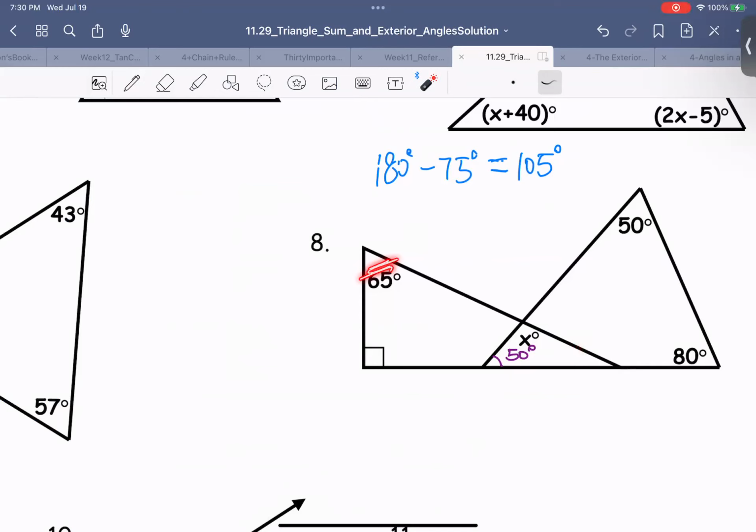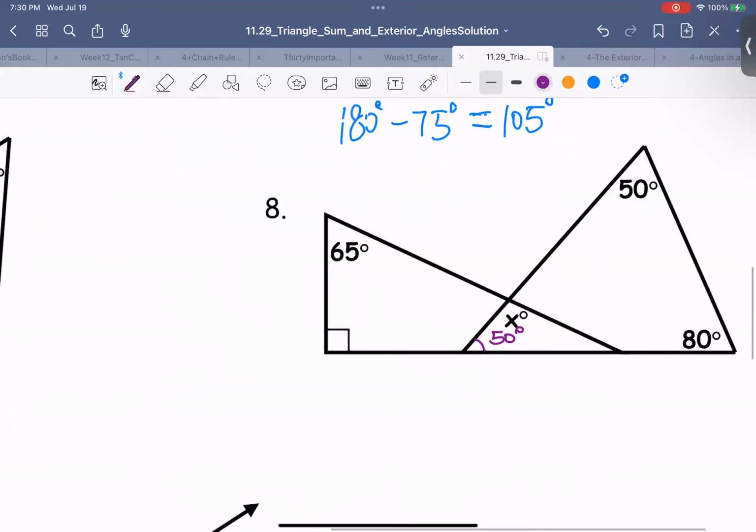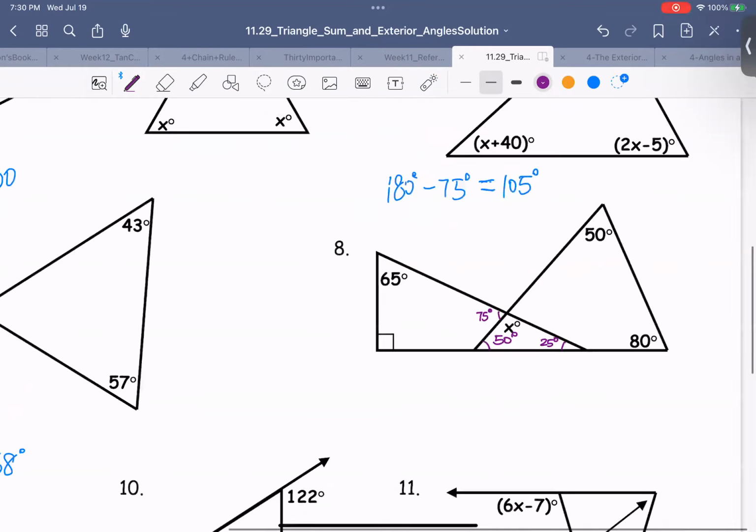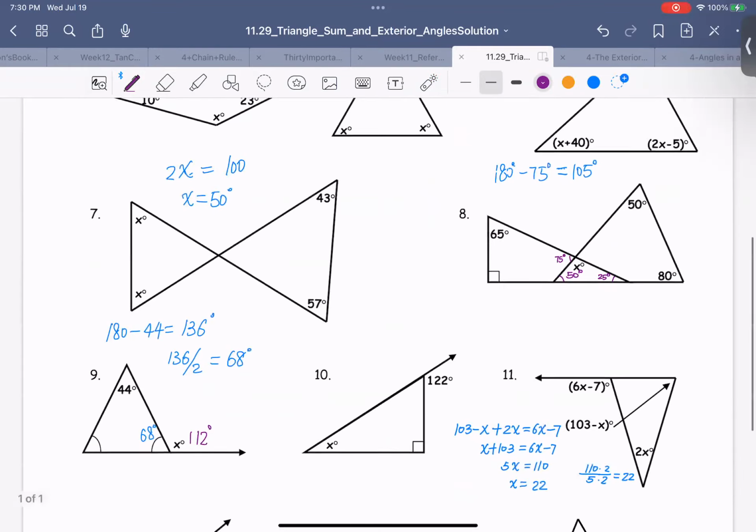This is 65, so this will become 25. In this way, 90 minus this gets this, okay? That makes sense. So this is 25 degrees. And then how much will be here? Over there would be 75. Good. This is 75 degrees. That's it.